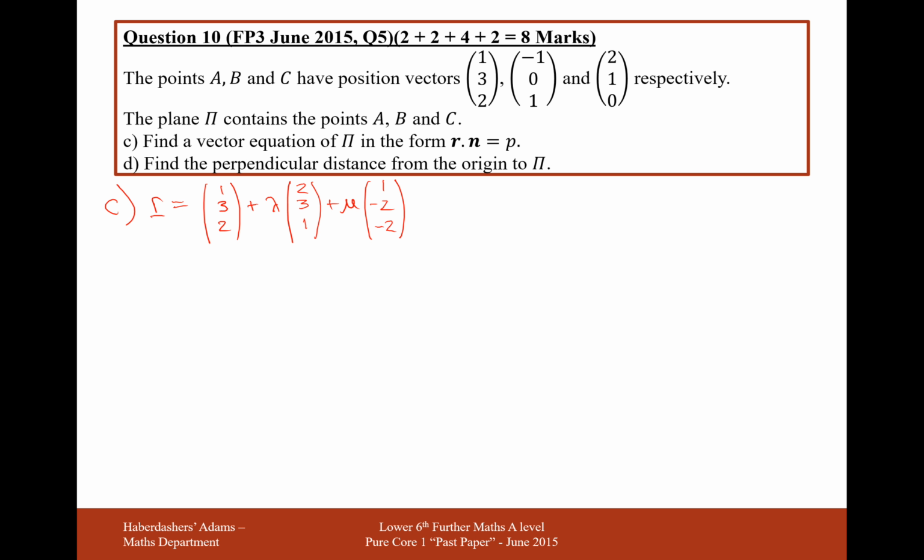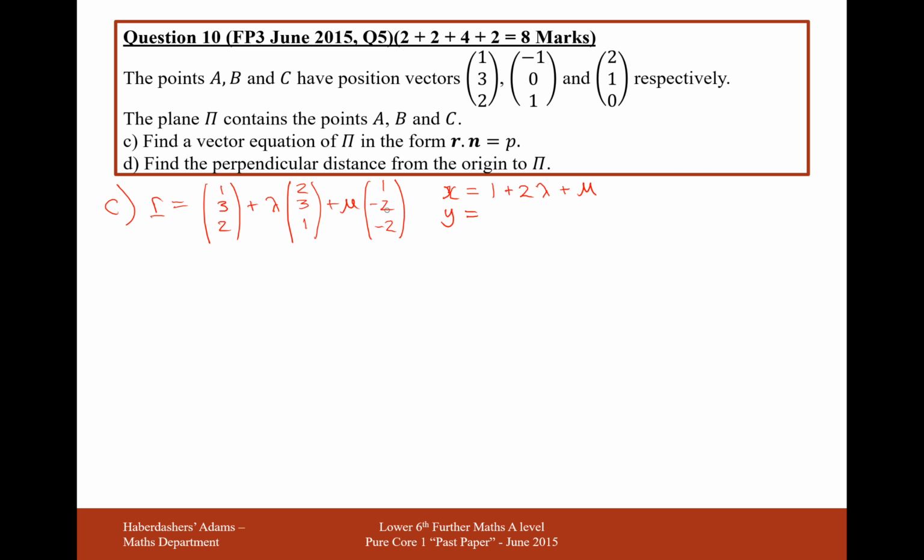So now what we're going to do is put this in r dot n equals p form, by creating some simultaneous equations out of these equations here and rearranging them. Effectively the x-coordinate is going to be calculated by 1 plus 2 lambda plus mu. So we can write the x-coordinate equals 1 plus 2 lambda plus mu.